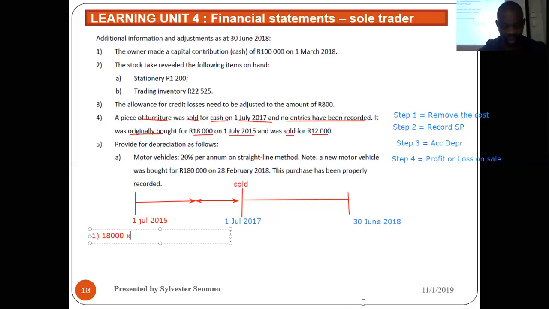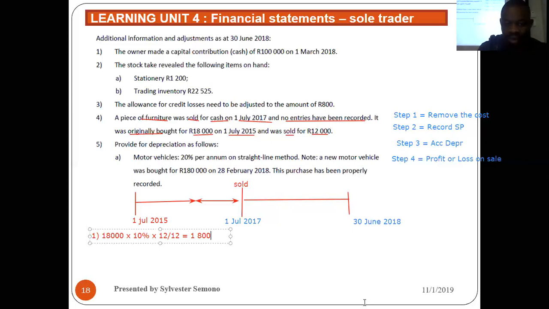Check number 5B. It's 10%. They said 10% using diminishing balance. So I'm going to say times 10% times 12 over 12, which is going to be 1,800. That is year 1.